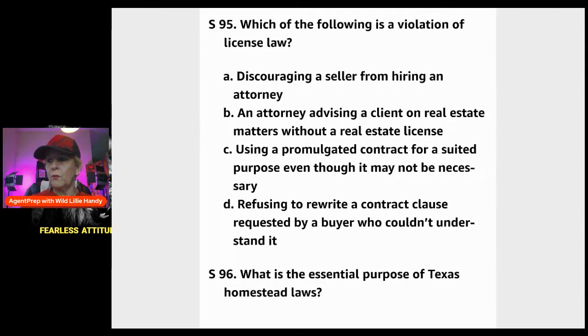So if a client wants to go to an attorney, they want to take the contracts, you say, please do so. Because that's what attorneys do, right? They write contracts, they read and explain contracts. So we cannot discourage them from that.